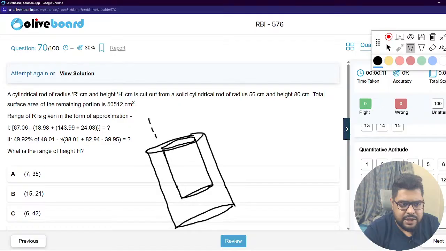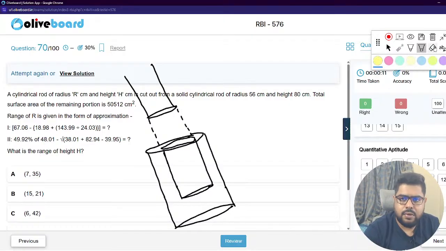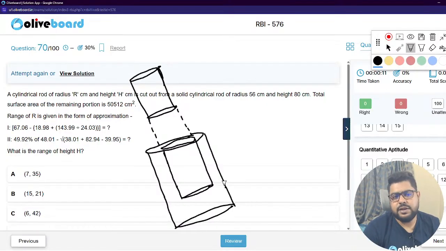We have done something like this. So this is what we have done. ऐसे हमने इसको काट ली.